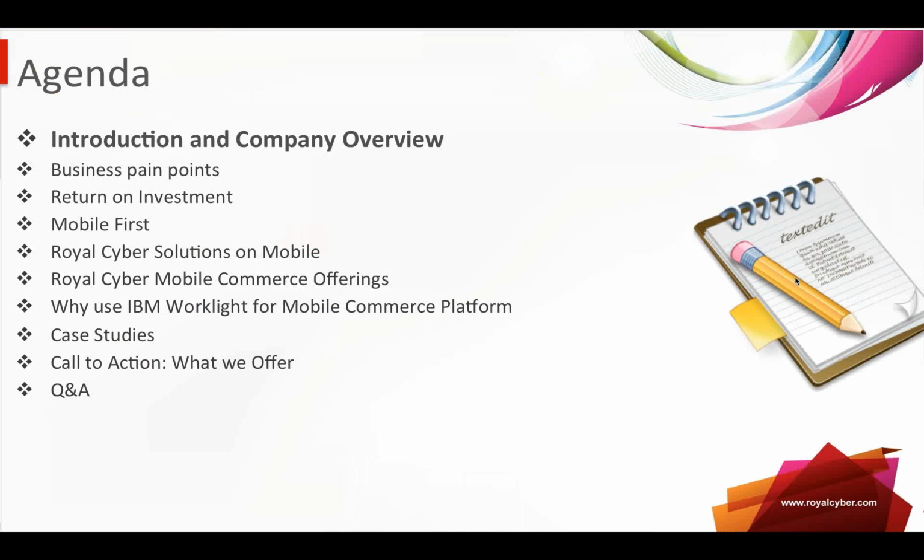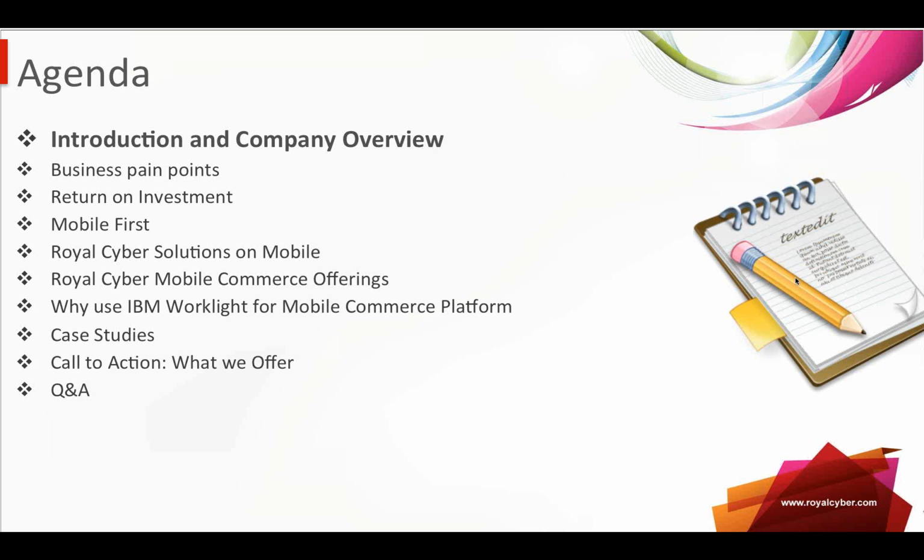Today's agenda is going to be: we will start with an introduction and the company overview, what the business pain points around mobile commerce are, and the return on investment as a result of moving to a mobile strategy. Then mobile first, where Neil will cover some slides from IBM's mobile first offerings.